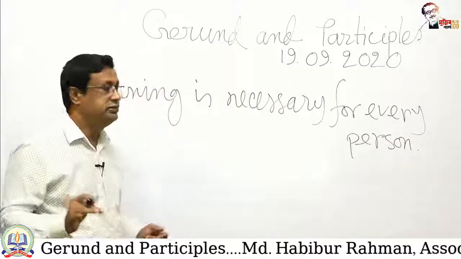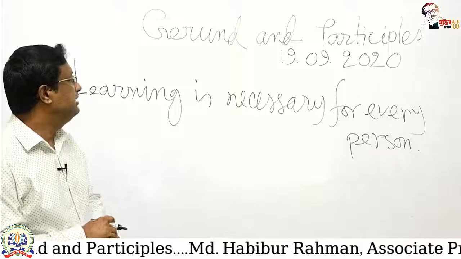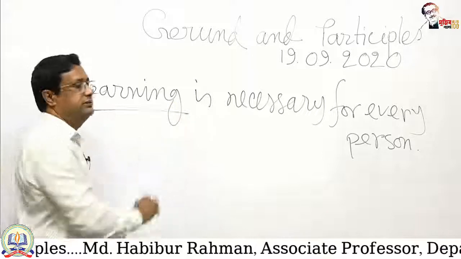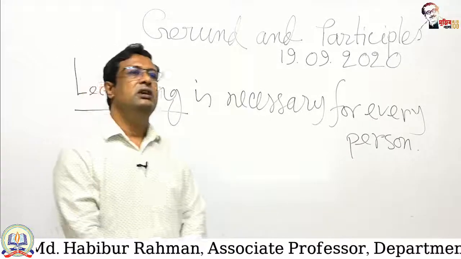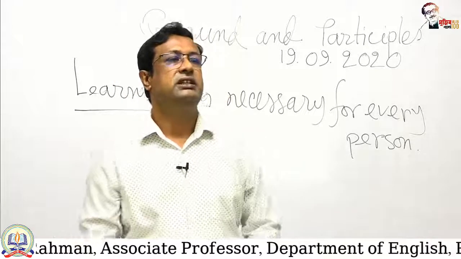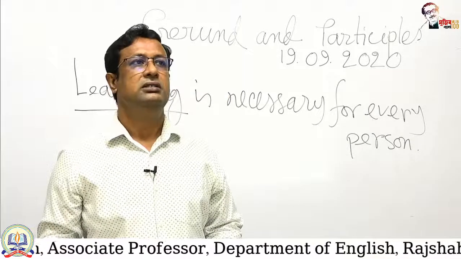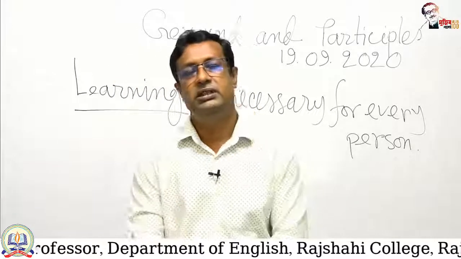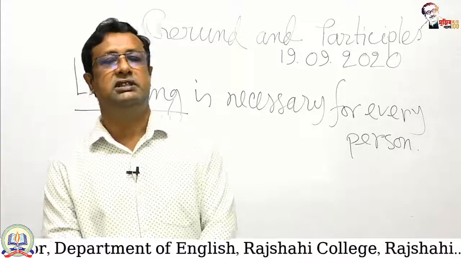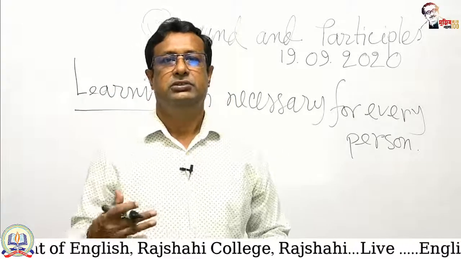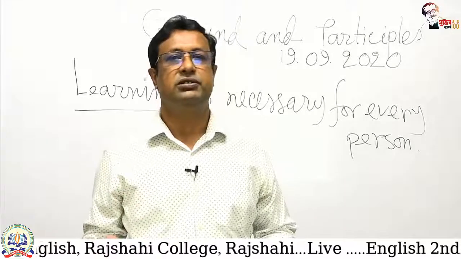Okay, dear students, see this sentence. Learning is necessary for every person. Learning. So, how does the word learning come? It comes from the base word learn. You know there are other nouns such as learner. So, the person who learns is called a learner.